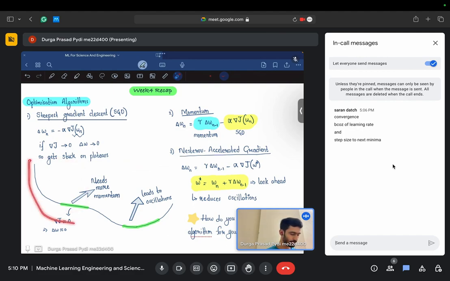If it has something like this, then you might have to use the momentum method, because here you also need to store the previous weights. It's going to be a little more computationally complex than the previous one. So depending on your solution space, or your landscape as I call it, your optimization algorithm will change from problem to problem.